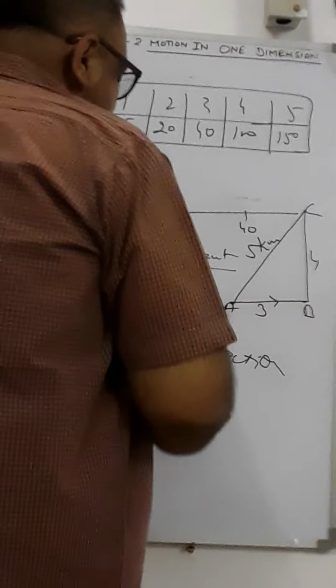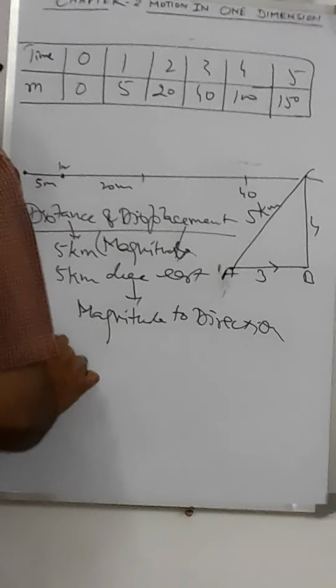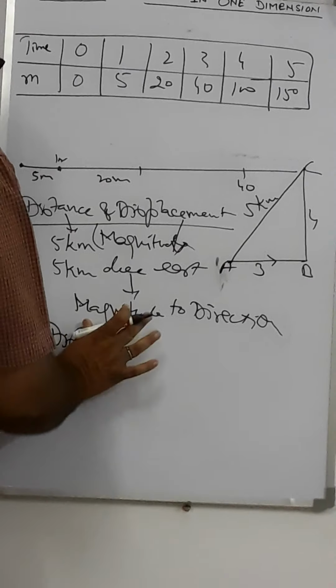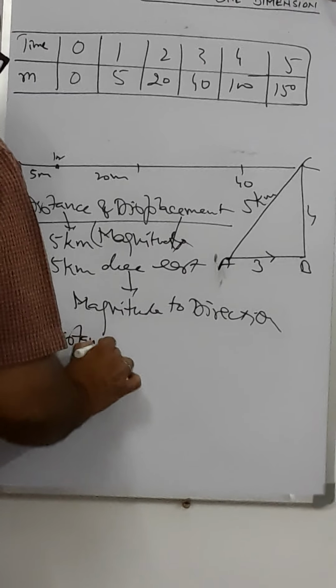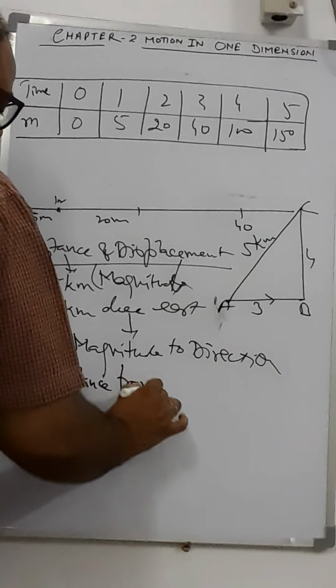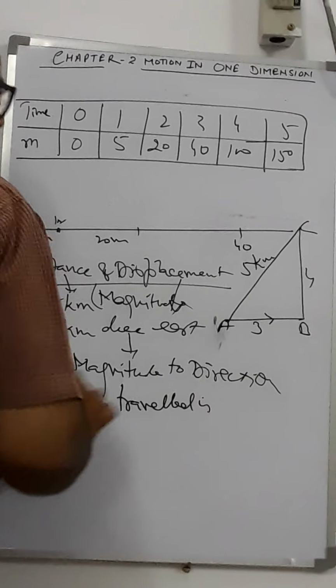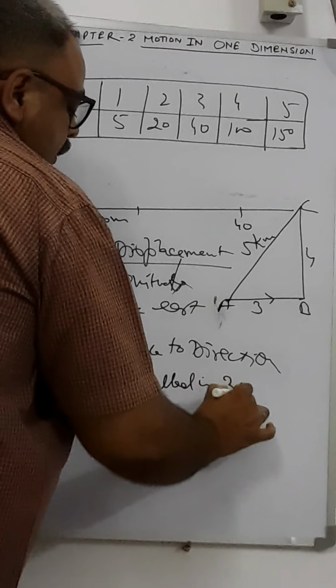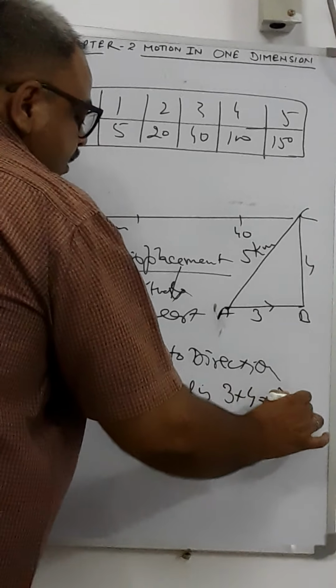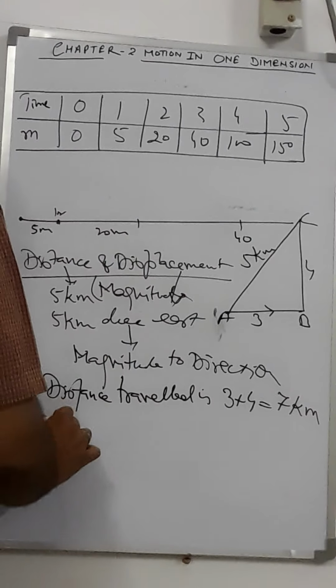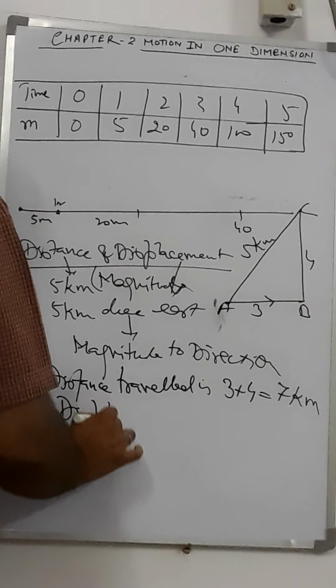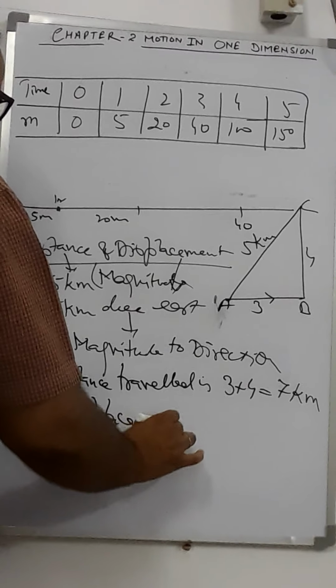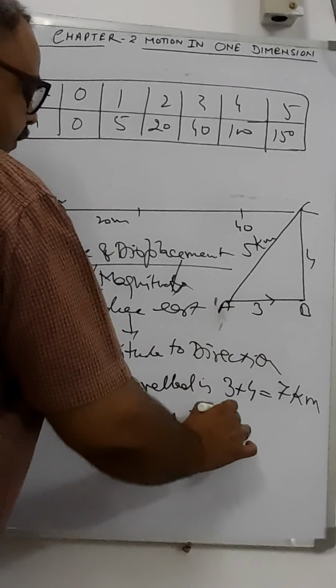So, distance travelled is 3 plus 4, 7 kilometers. Displacement is only 5 kilometers.